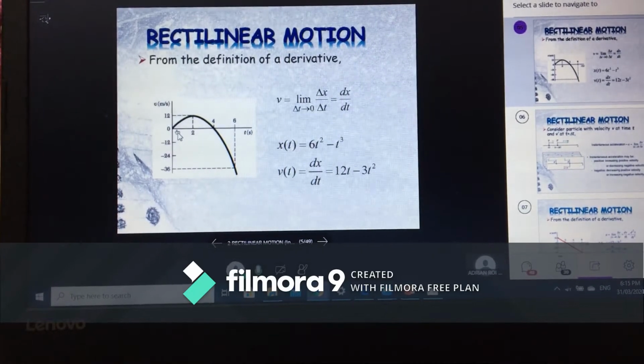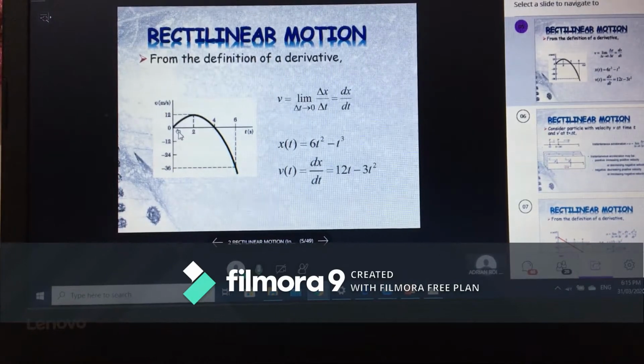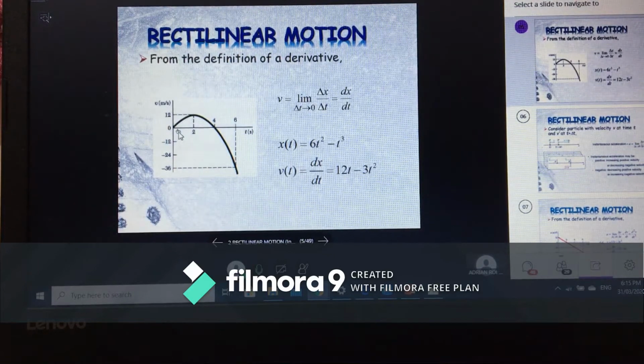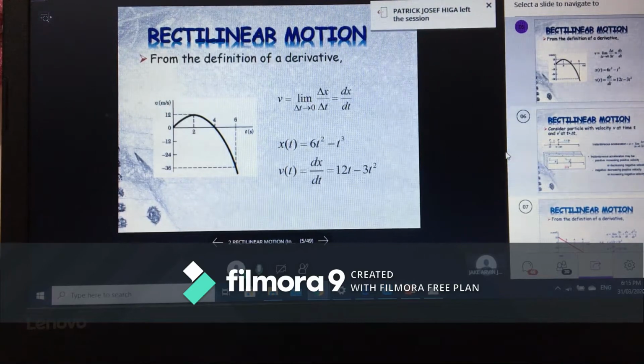By the way, class, can you try accessing the Zoom? Sir, hindi po maalam. No, you just go to the, kasi dito class, ang problema dito, hindi ko ma-explain masyado tong naka-PDF kasi ito eh.